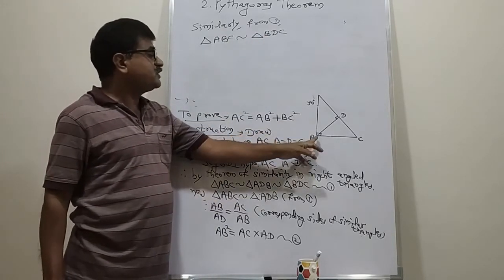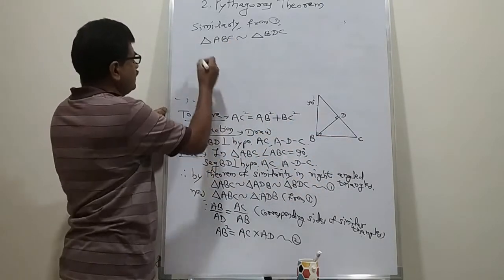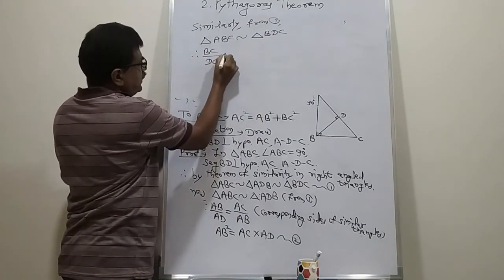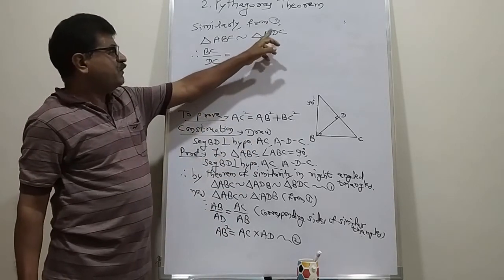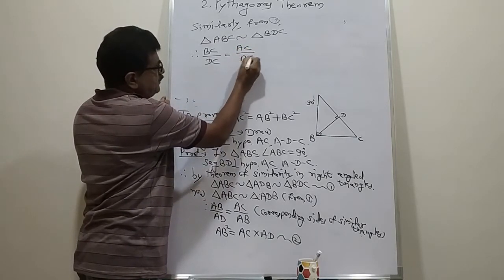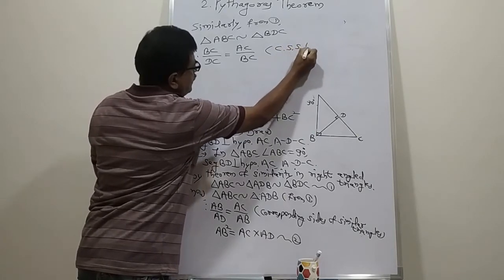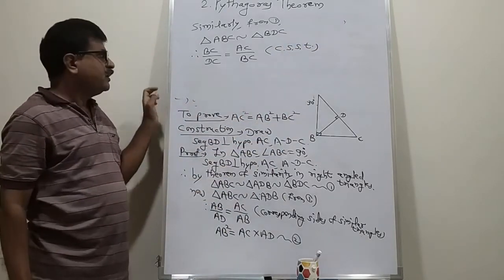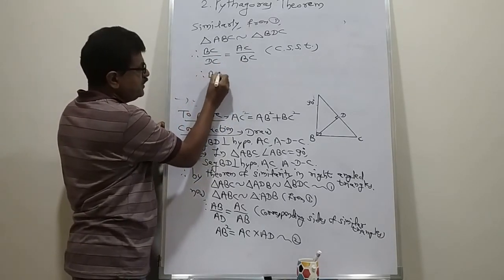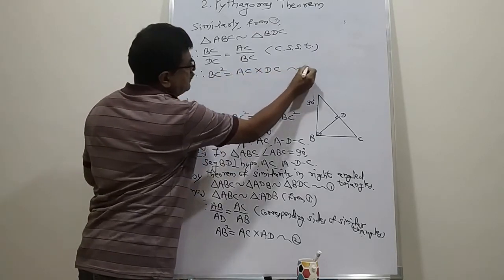Now we have to take BC two times. Therefore BC upon DC is equal to AC upon BC. Write down here: corresponding sides of similar triangles. Taking cross multiplication, BC into BC, therefore BC square is equal to AC into DC. This is number 3.